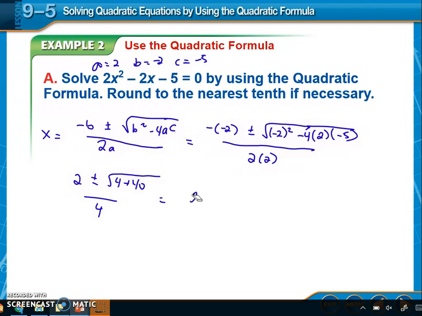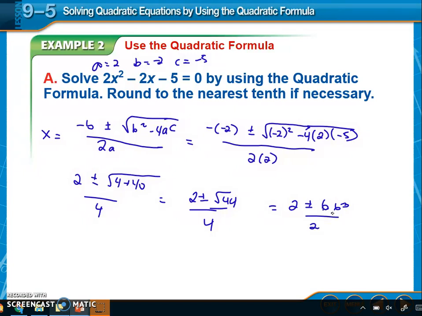So I get 2 plus or minus the square root of 44 over 4. So the square root of 44 is 6.63 about. So we're going to have 2 plus or minus 6.63 over 4.